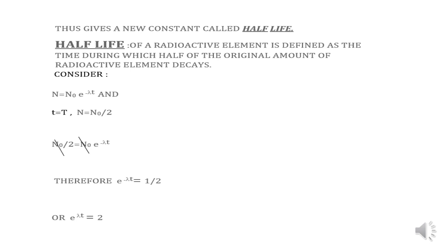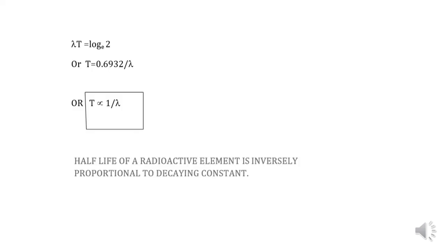small t is equal to capital T, symbolizing half-life. Therefore, we get an equation n0 by 2 is equal to n0 e raised to minus lambda capital T. Then e raised to minus lambda T is equal to half, or e raised to lambda T is equal to 2, or lambda T is equal to log 2 to base e, or capital T is equal to 0.6932 divided by lambda.